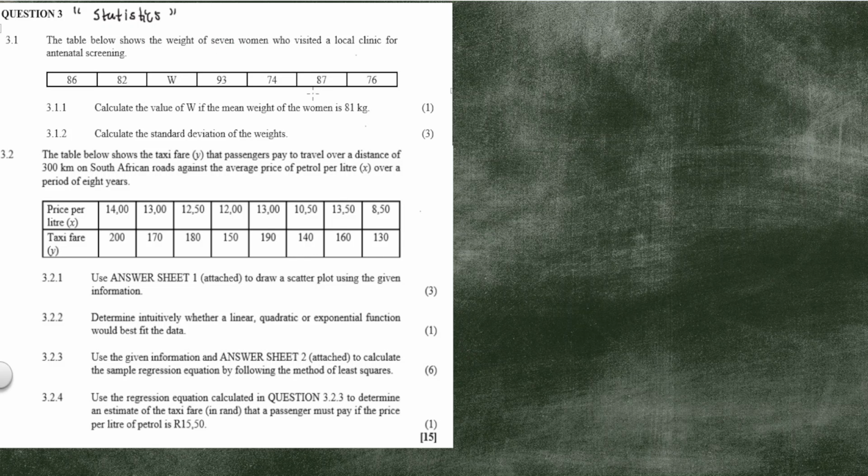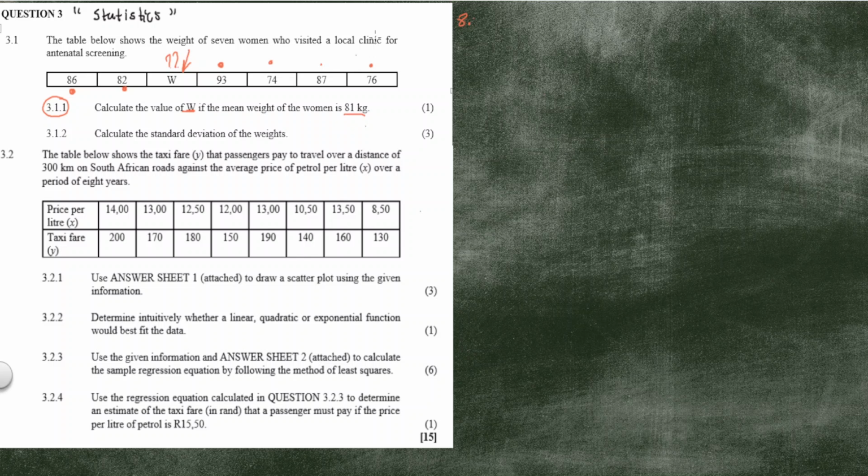Out of the 7 women, the first weighed 86, the next weighed 82, and the third we don't know how much she weighed. The rest are 93, 74, 87, and 76. We are asked to calculate the value of W, the unknown, if the mean weight of the women is 81 kilograms.